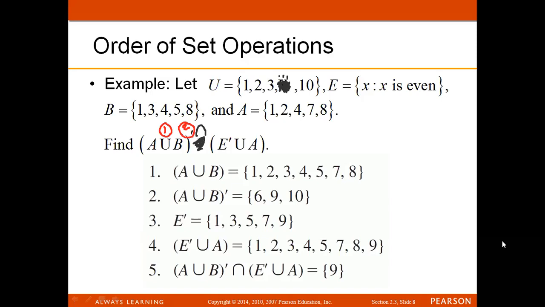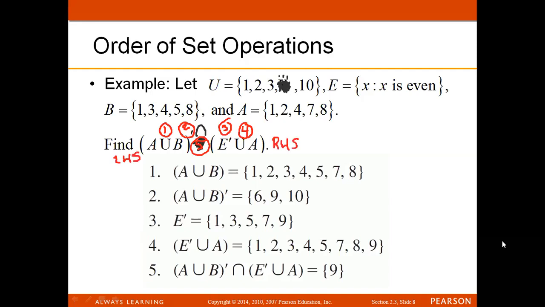Then we can take the complement of E so that we can union it with A. And finally, then we can intersect the two sets. So left-hand side, versus the right-hand side.